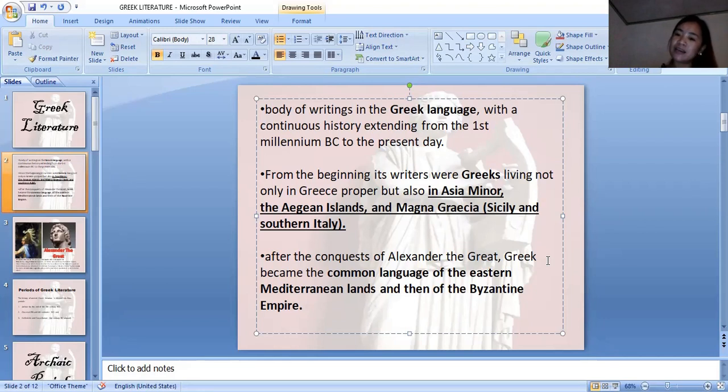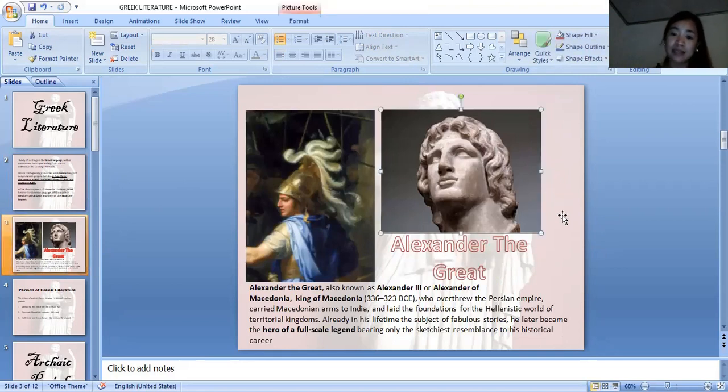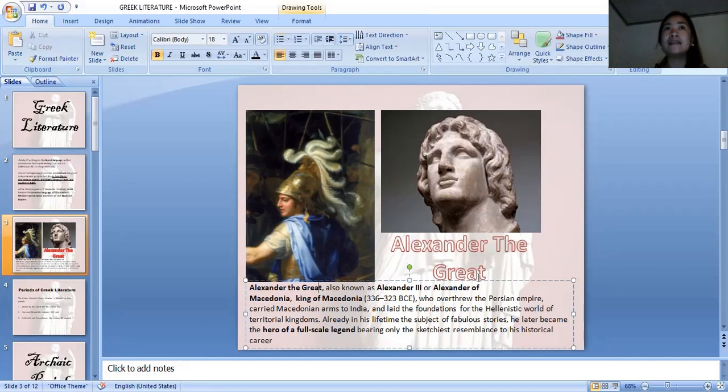Again, after the conquest of Alexander the Great, when we say Greek literature, ang pakatatandaan yung character is si Alexander the Great. Sino ba si Alexander the Great? Ito yan. Yung nakikita nyo may bust na ganyan. That is Alexander the Great. Alexander the Great ba ang pangalan niya? Tinawag lang sa kanya yon. Technically, it is Alexander III or Alexander of Macedonia, the king of Macedonia.